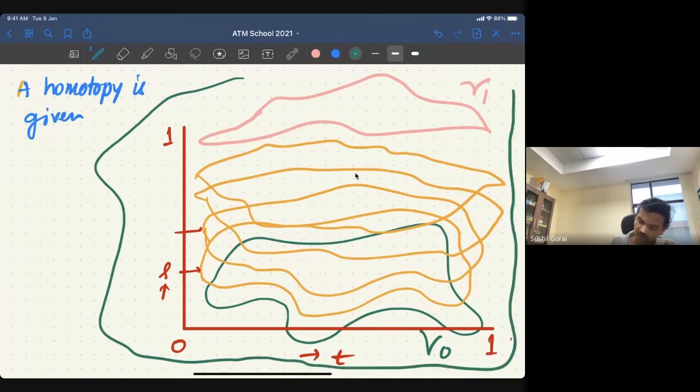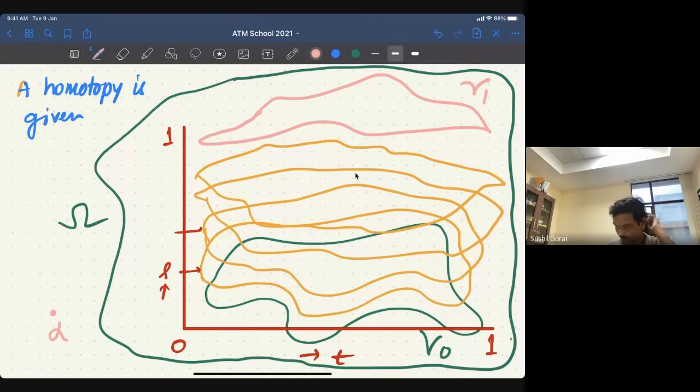So everything is there inside the domain omega. Now you have a point alpha. Let's say alpha is a point here, which is outside. So it is quite far away from the curves, right? It is quite far away from the curves.